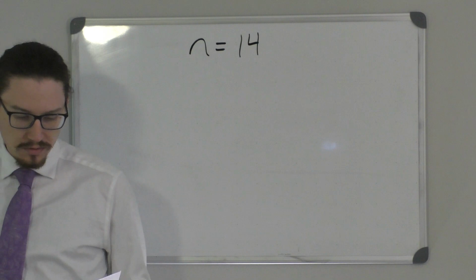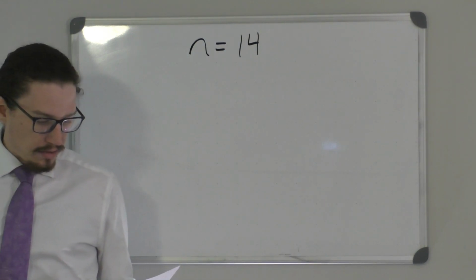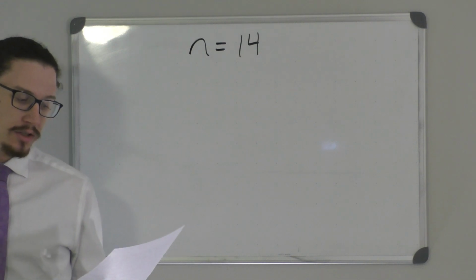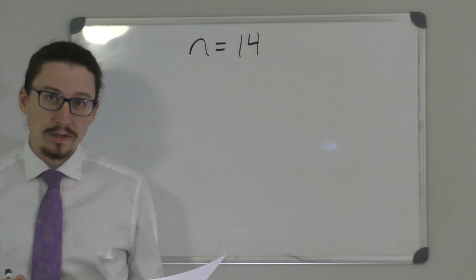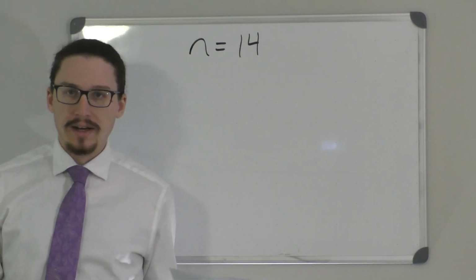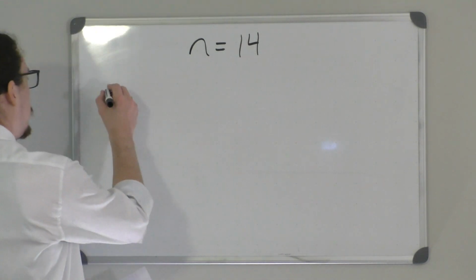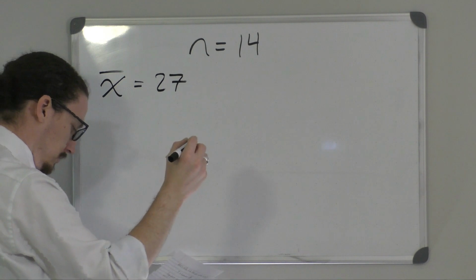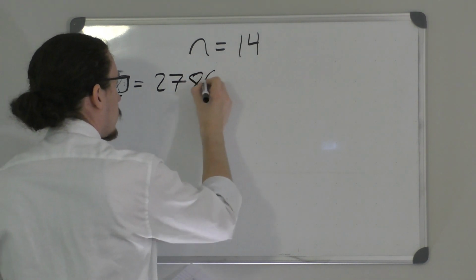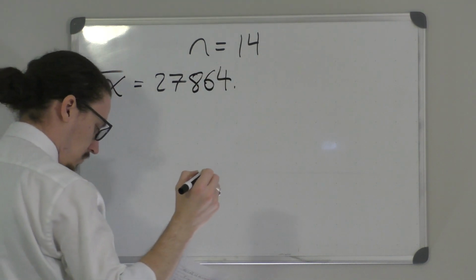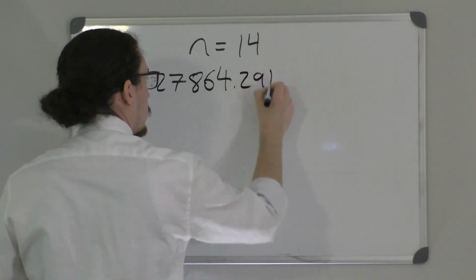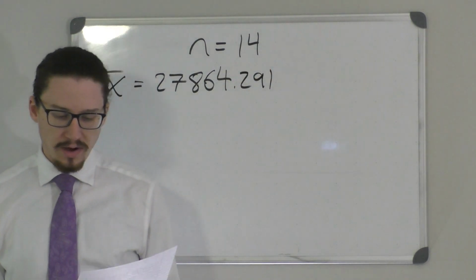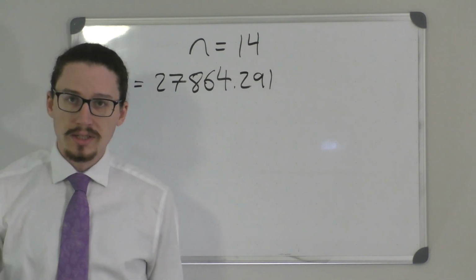Right, so n equals 14, and find a mean of 27,864.291. So that is the sample mean. And a standard deviation of 1,527.337.